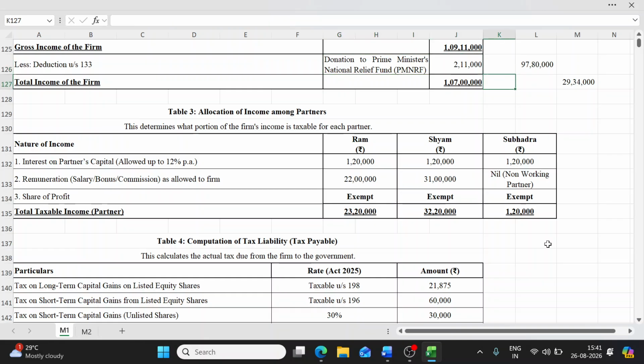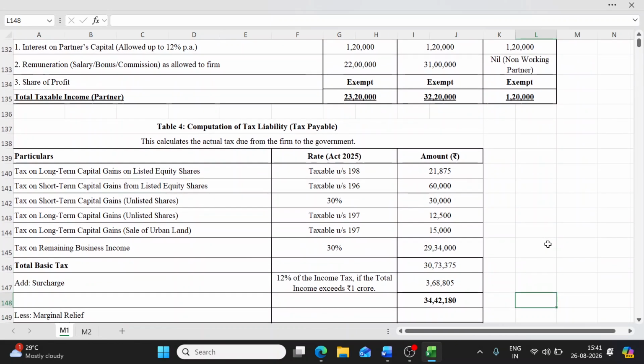You tell me how much income is in excess over 1 crore? The answer is 7 lakhs. Now, here in the problem, how much additional tax is added on account of surcharge?